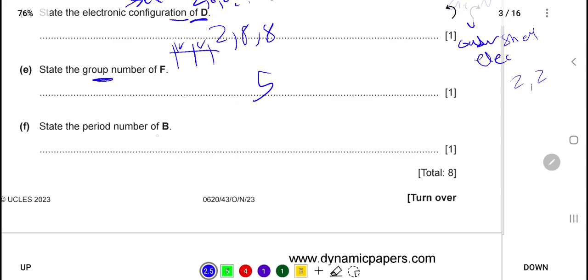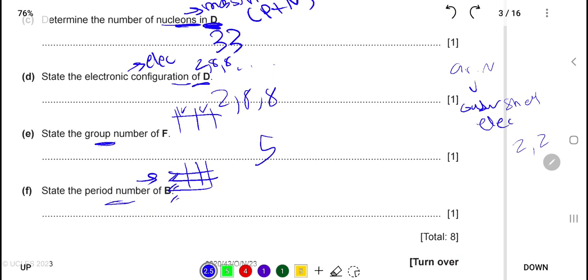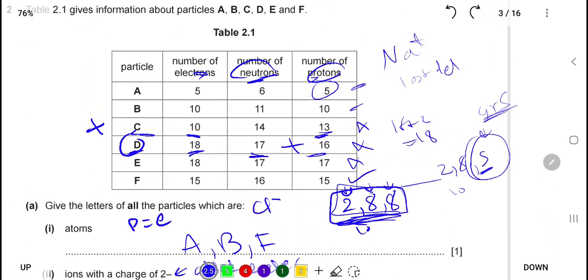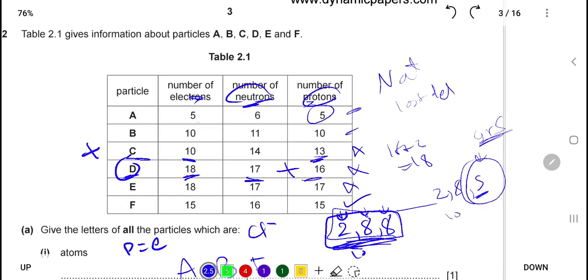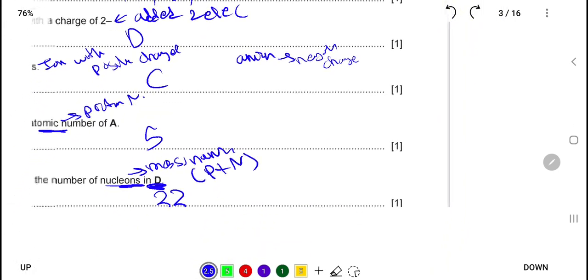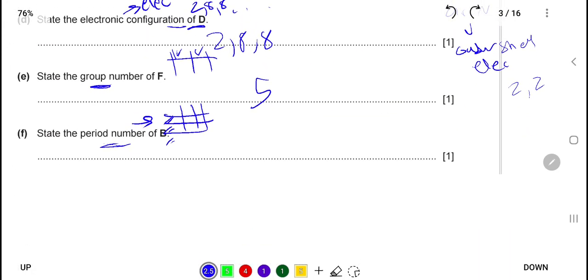Now state the period number of B. The period number is like the opposite of group. It's the numbers that go horizontally.